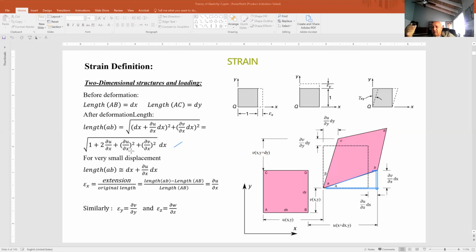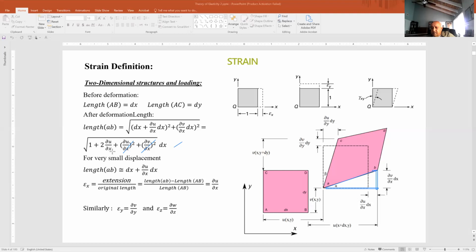So we can actually ignore the second term here, the derivative of u with respect to x squared and derivative of v with respect to x squared. So these two last terms could be ignored, and then that square root can be expanded using the Euler equations.